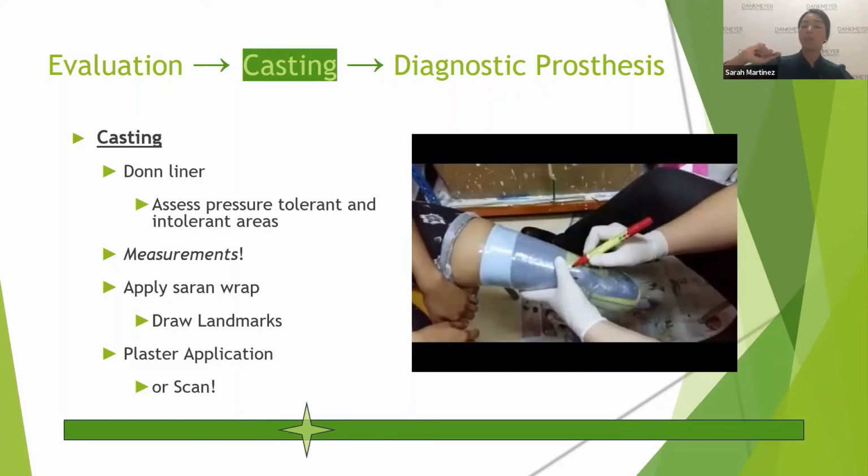So we typically find the patella, the fibular head, the anterior distal end of the tibia, and then a few more accent features on the tibia so that we can have that transfer into that negative model of the casting for when we modify. And we can also scan. Unfortunately I don't have a video for that, but plaster application is pretty cool, old school and traditional, but sometimes it works best for patients that have really difficult or unique anatomy.